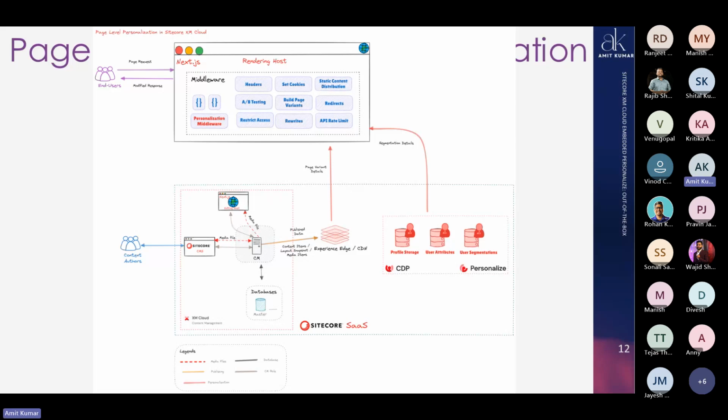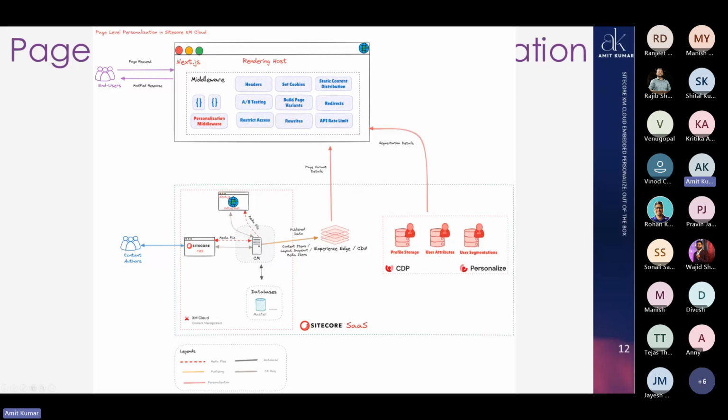So it will fetch all the variants for your page from Experience Edge. This is the case of SSR, where you are doing server side rendering. If there is no personalization variant configured for your specific page, for example a landing page, then it will return the default page and continue as usual.